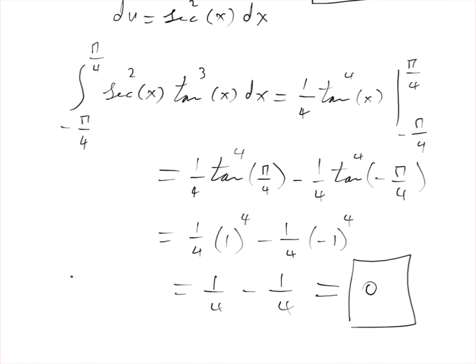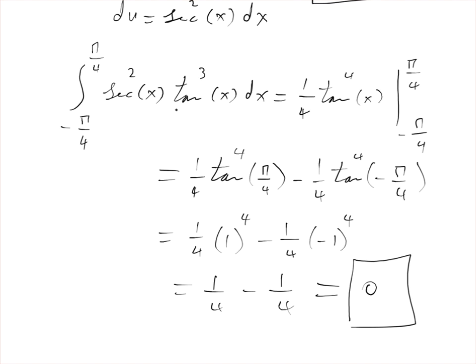Also, you may see sometimes by symmetry, especially when the interval over which you're integrating is symmetrical, as well as the function being an odd function, they cancel each other out.